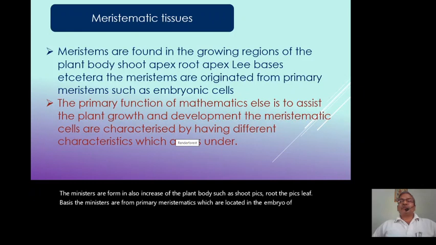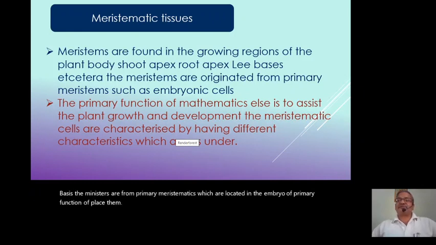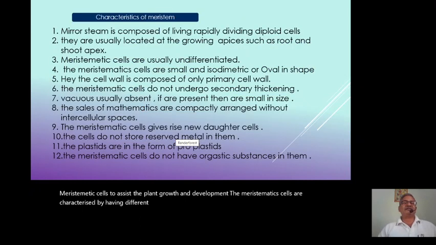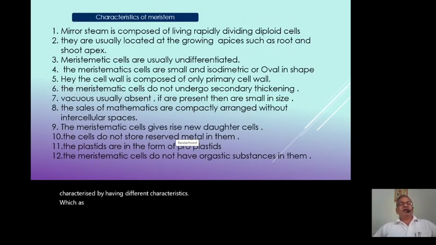The primary function of meristematic cells is to assist plant growth and development. Meristematic cells are characterized by the following characteristics.